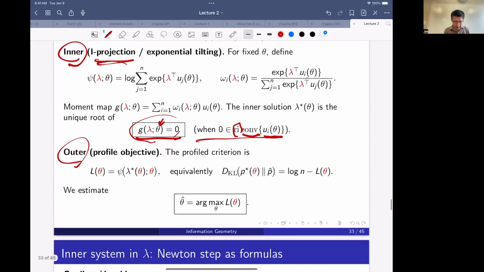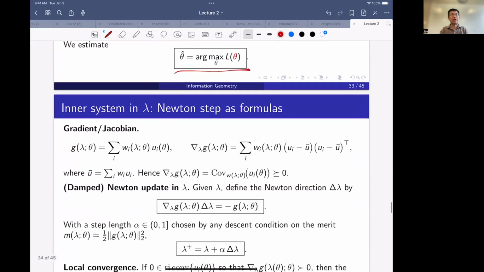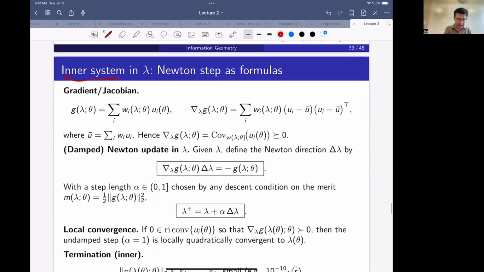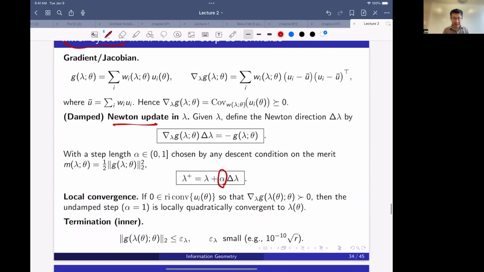In the outer, outer is this one. Mathematically this is clear, but when it comes to the actual computation, the inner part is actually easy. Inner part is just computing the Newton method, but one thing is this alpha. Usually alpha equals one.